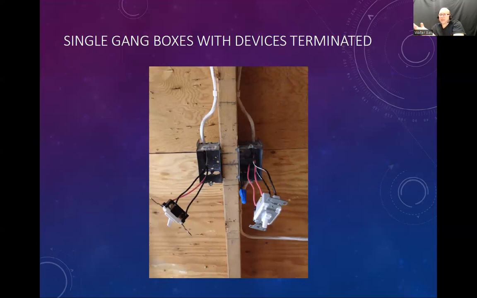So that means there's a trouble somewhere there, and that circuit is going to trip. That's, in a nutshell, what the GFCI is: ground fault circuit interrupt. That circuit is going to trip.